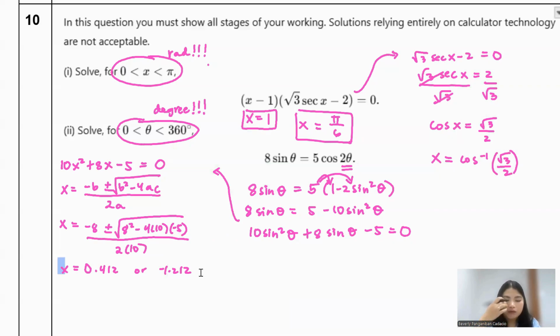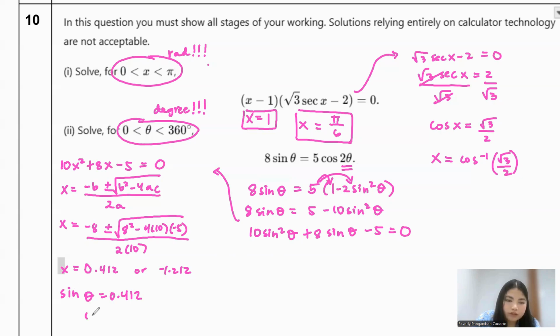Okay, now you're not yet done, because this is only x. And you know that instead of sine, we use x here. So basically, you're just going to do sine x is equal to 0.412. And for you to get your, sorry, let's use theta here so it's not confusing. Because sine theta is equal to your x that you got, which is 0.412.